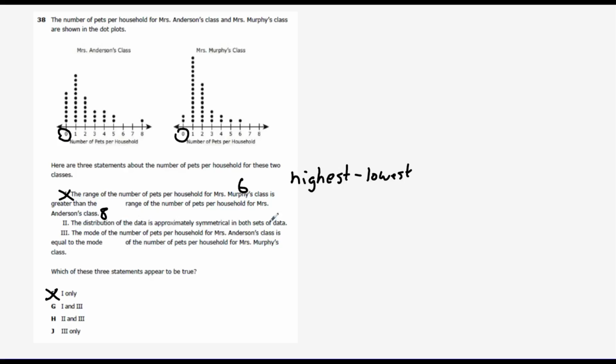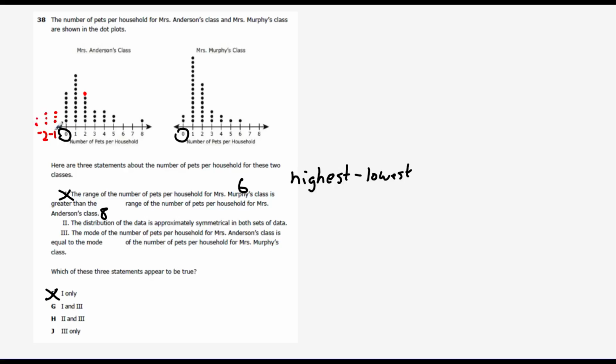Okay, symmetric. Symmetrical means looks the same on the left and the right. So do these look the same on the left and the right? And the answer is no, not really. Not like at all. So we could make it look symmetric. If you're curious about what that looks like, let's say we added a kid with 2 pets, and then somehow you have some sad kids who can't let go of their former pets, so they have like -1 and -2 pets, right?